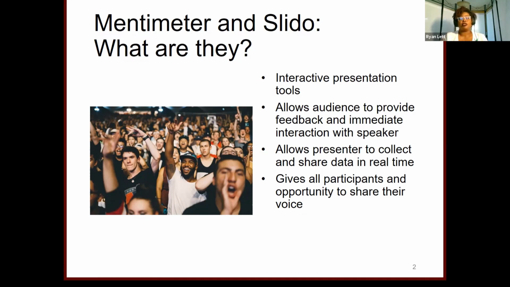Sometimes our audiences get larger, and sometimes some are a little shyer to speak out. These tools give that platform to all of your participants, and allow you as a presenter to adjust on the spot, because you're collecting data in real time with your audiences.